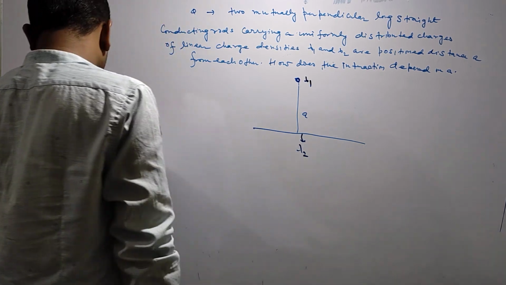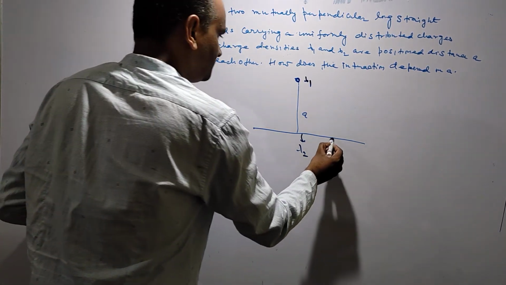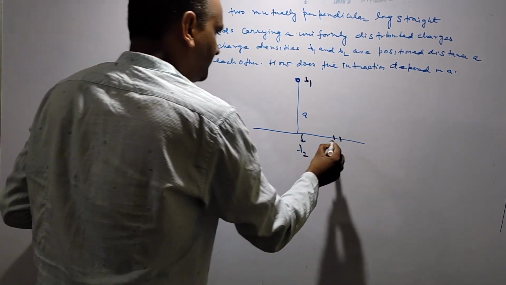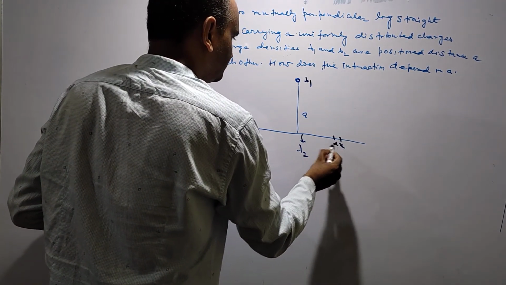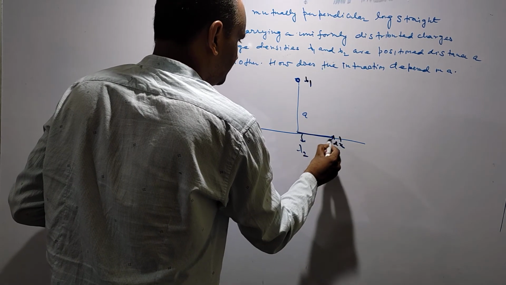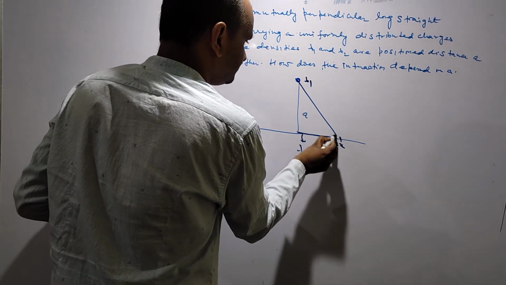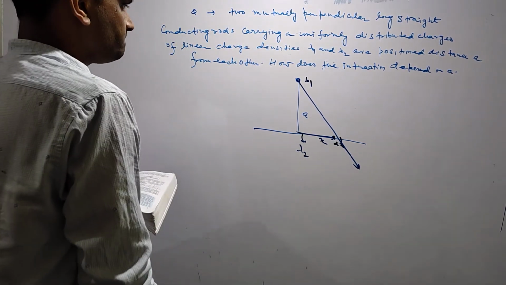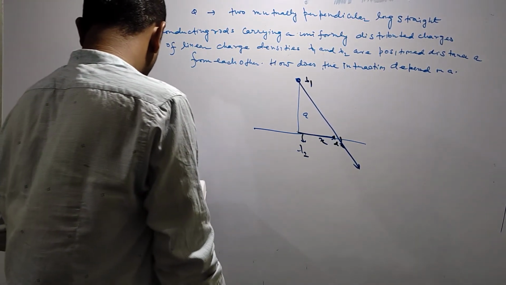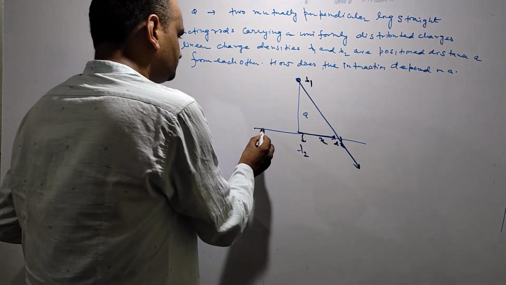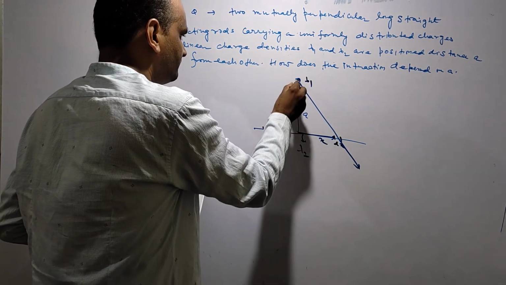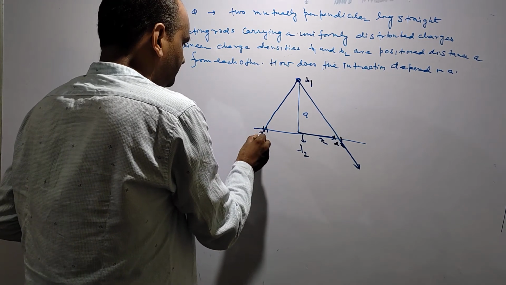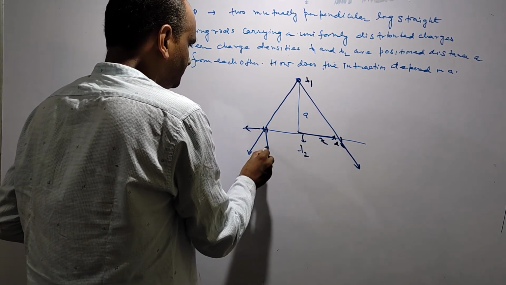Okay, just take an infinitesimal length dx, and suppose this length is x. Similarly you can take this component, and you can find electric field in this direction, and it has two components.